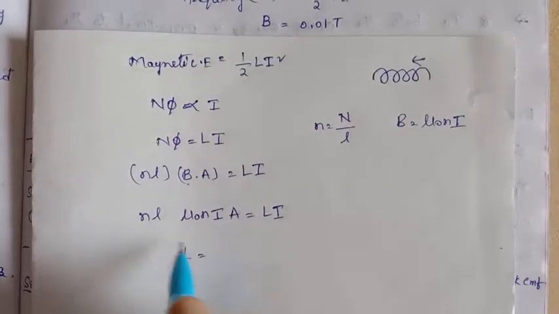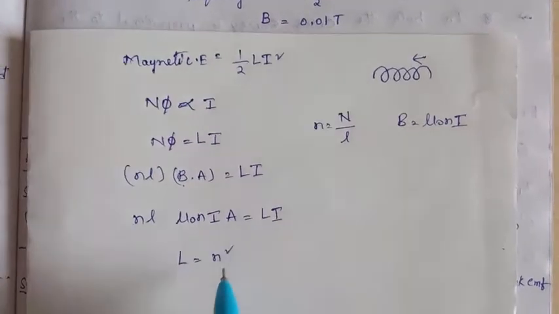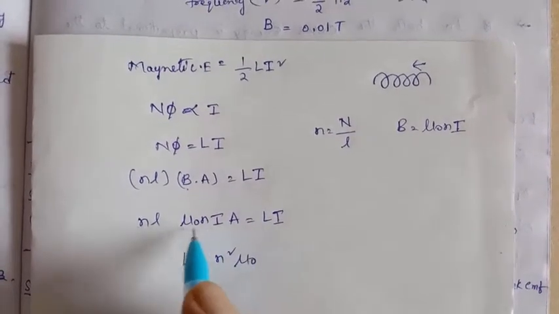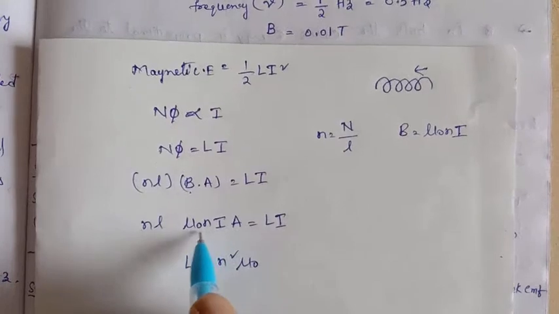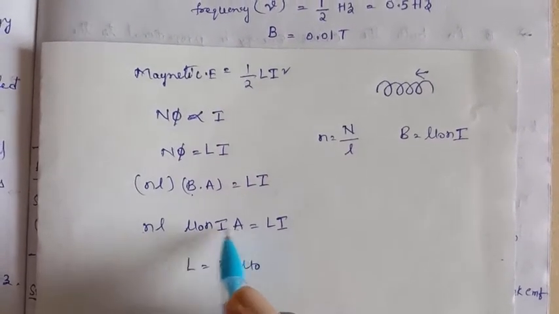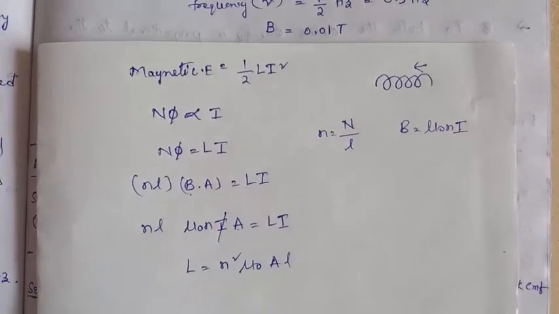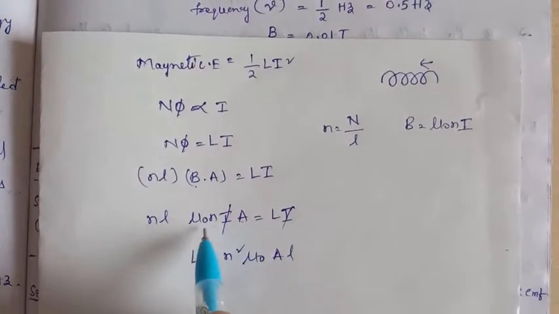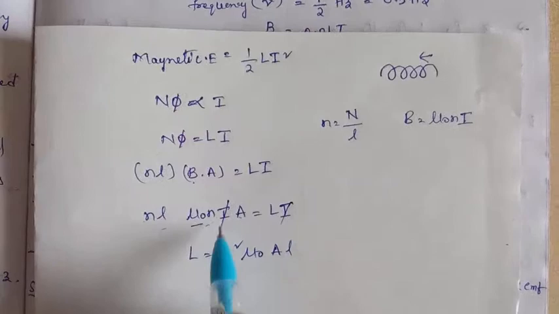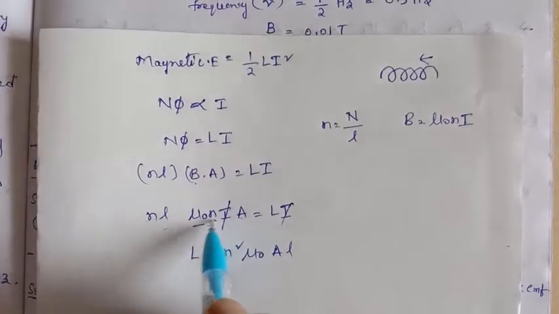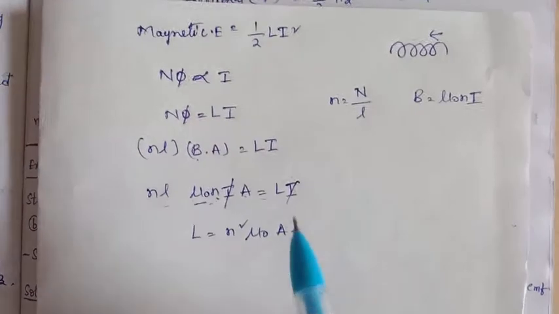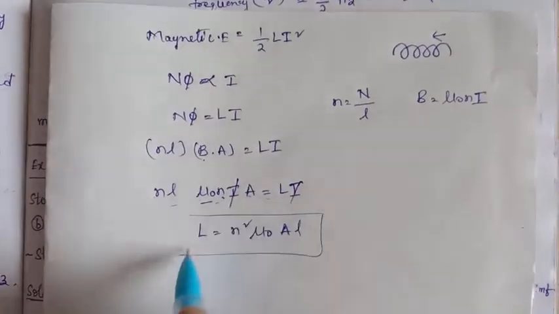L is equal to, n into n, n square, mu naught n square A into L. You simply remove i on both sides. L is equal to mu naught n square A L. So that is the L value.